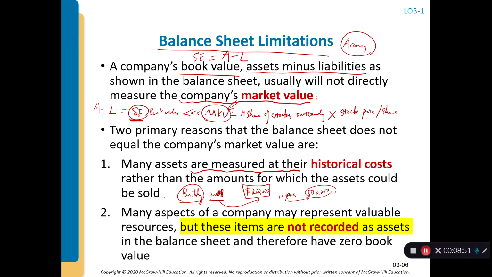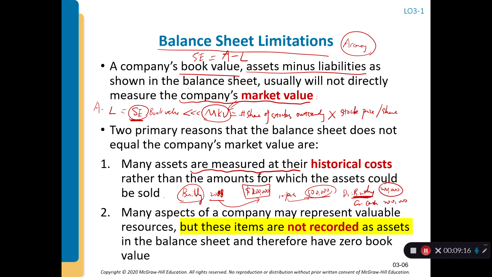So that means on your book, the day you book this, debit building and credit, let's say you paid by cash, right? This building will stay on your balance sheet forever at 200,000, and it will not be revalued at the market value, because we never sold this building, we hold it.